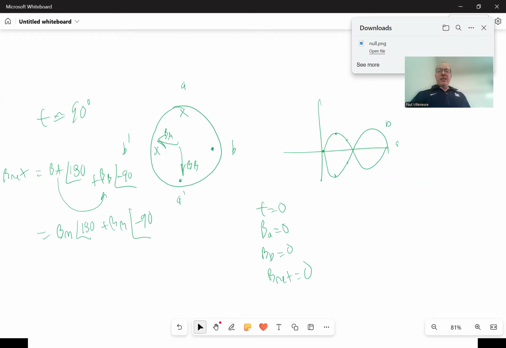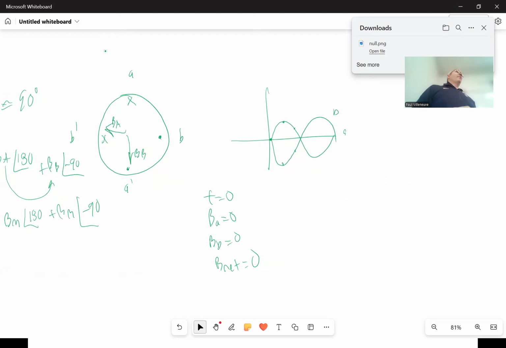Now we're going to say that they're both at 0.5. When is the sine wave at 0.5? Square root of 0 over 2, square root of 1 over 2, square root of 2 over 2, square root of 3 over 2. So 30 degrees, isn't it? So this is T equal 120 degrees.